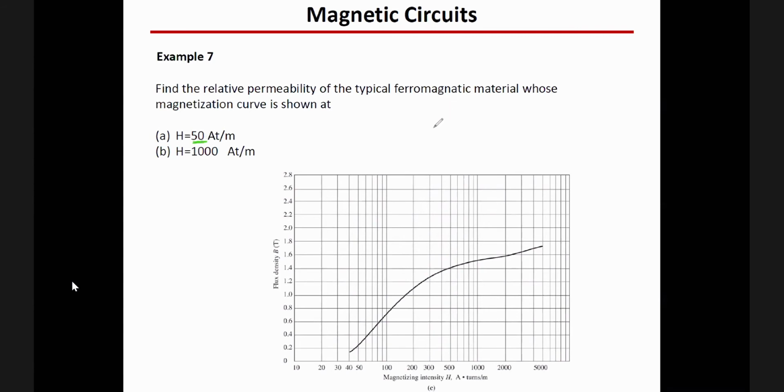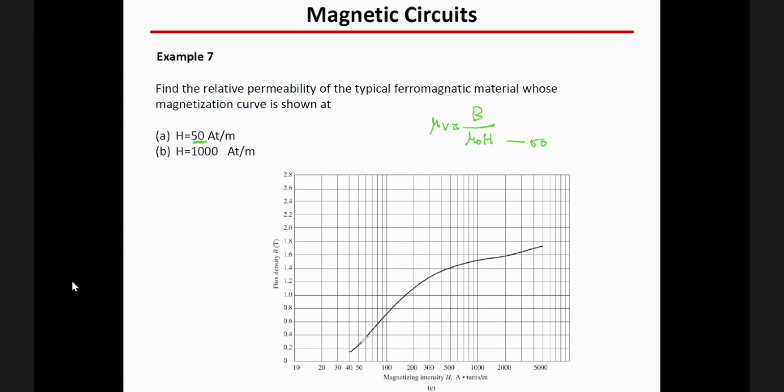So mu R is equal to B over mu naught H. So at H equal to 50, what is the value of B, so that we can find mu R?